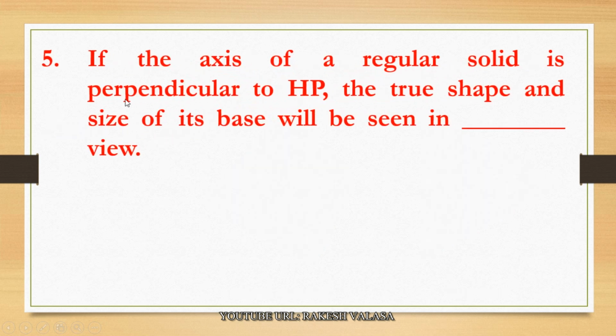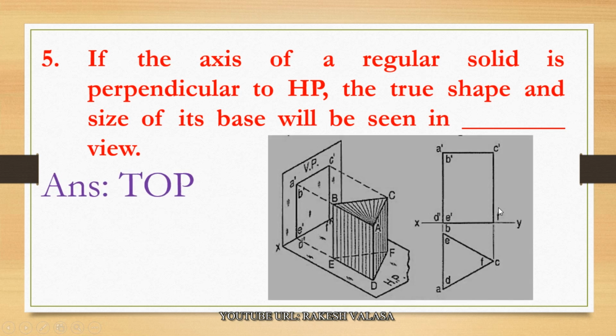Question number 5. If the axis of a regular solid is perpendicular to HP, the true shape and size of its base will be seen in dash view. The answer is top view. You can see this image. Here I have taken a triangular prism.